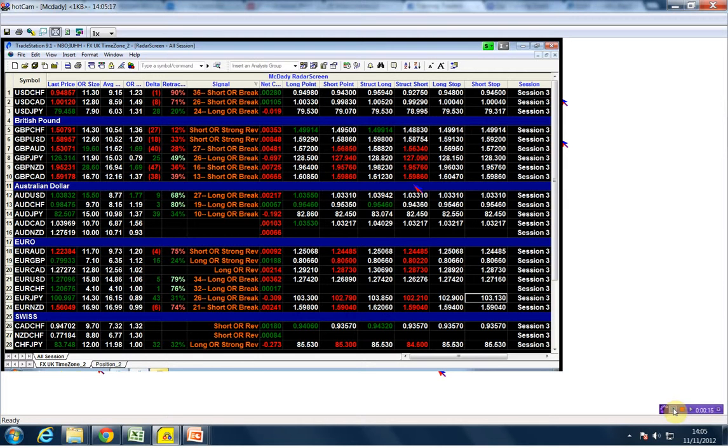It is pretty much still strong, so we're going to take the entries if we do have a sell signal from the Aussie.